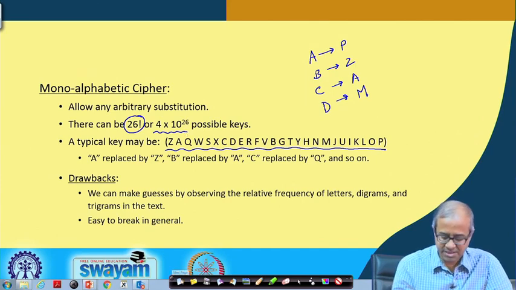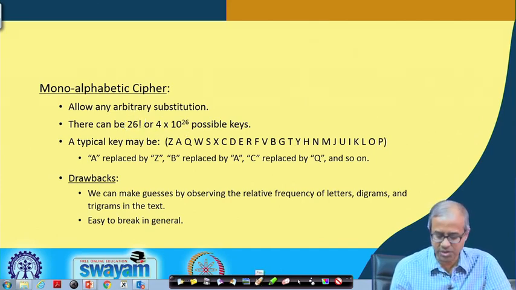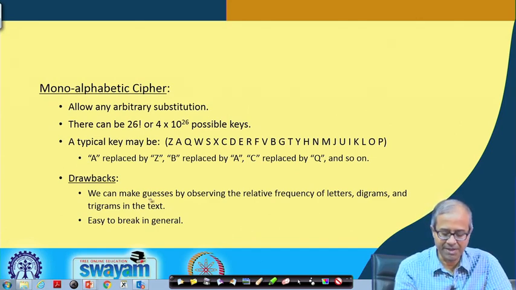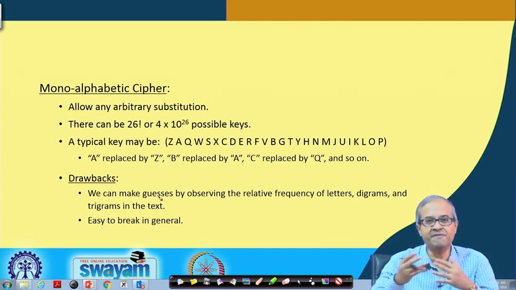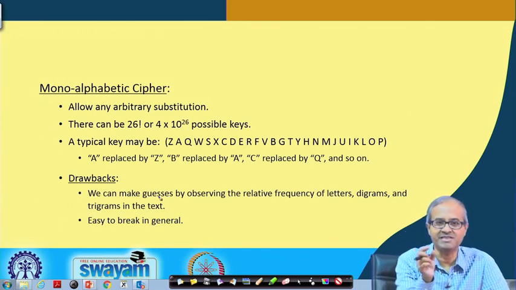But the truth is that this code is also not that difficult to break, because you can make some guesses, like in normal English text, some typical frequencies of occurrence, which letter occurs the most frequent, and pairs of letters, T followed by H is very frequent, and similarly trigrams, 3 letters coming together.